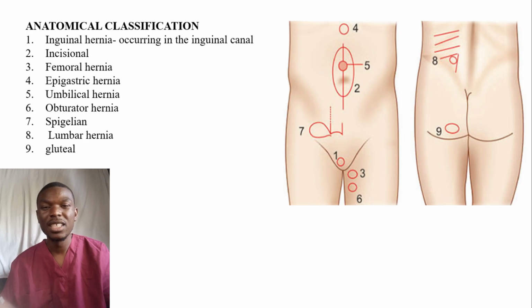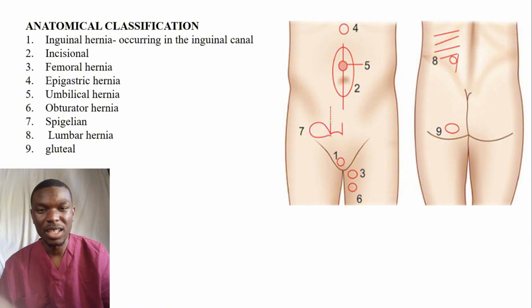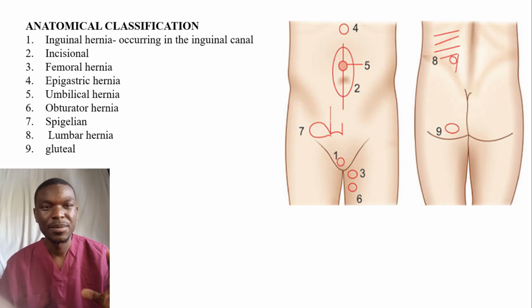Another classification is the anatomical classification. As you can see on the diagram there, we've got lumbar hernia, incisional hernia. So this is where someone had a surgical operation, and then that site becomes weak, and then the hernia protrudes from there.